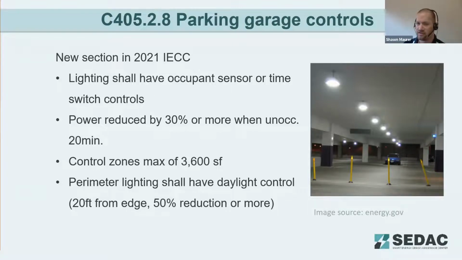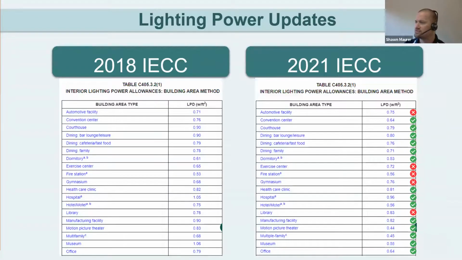So if you limit the amount of light output in your garage, you don't need to have these control requirements. If you design the perimeter to have limited solar exposure with that less than 40% opening to wall ratio, then you don't need to have those daylighting controls. Or if you've got exterior obstructions that are going to prevent daylighting. Those are all going to give you some exceptions to those requirements.